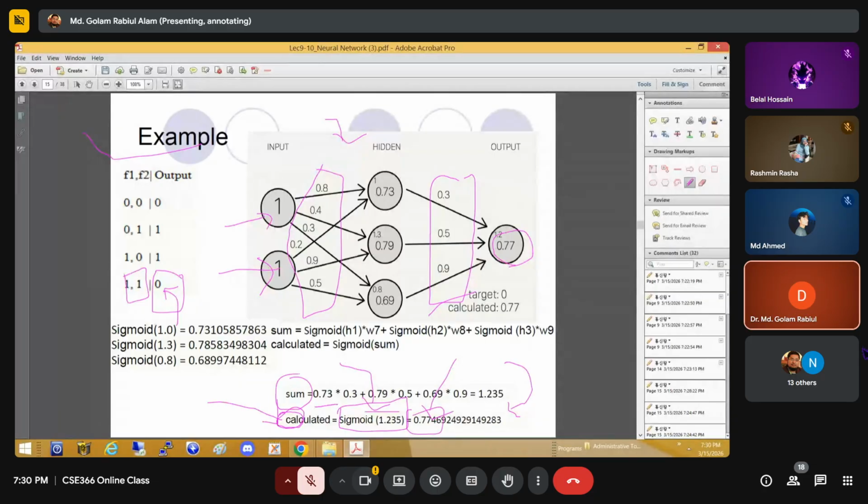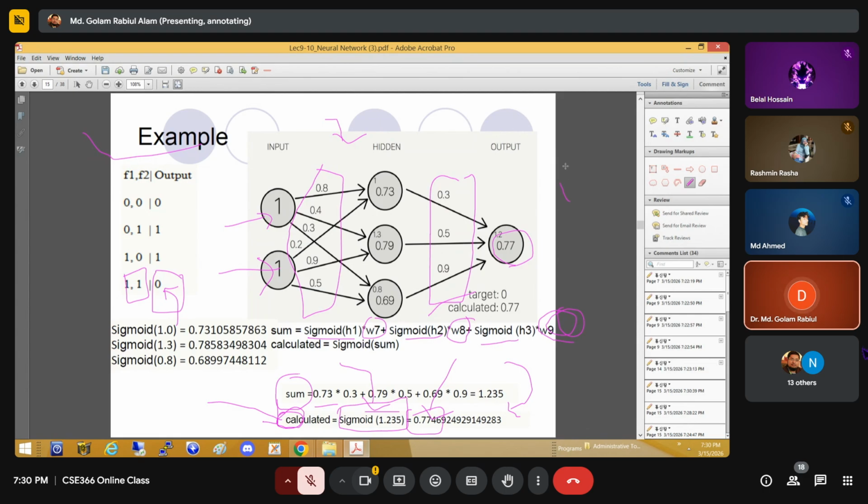That means the sigmoid of H1 times W7, sigmoid of H2 times W8, and sigmoid of H3 times W9. Then W7, W8, and W9, these values we need to update. So that means the weights we need to update.